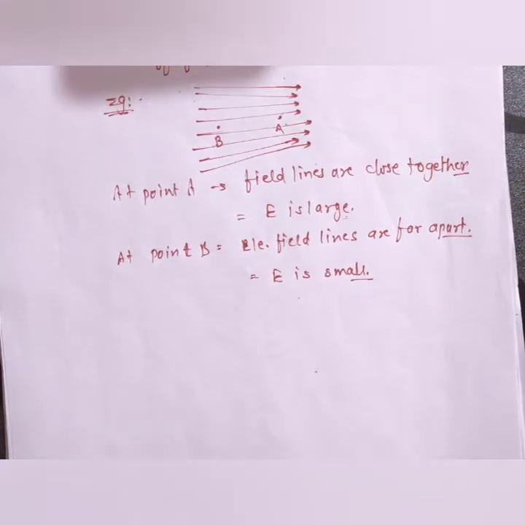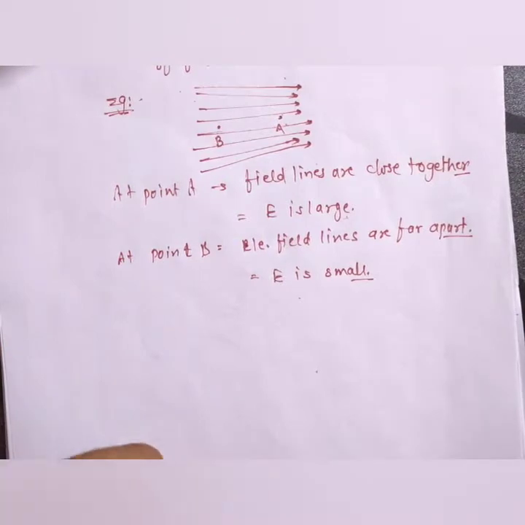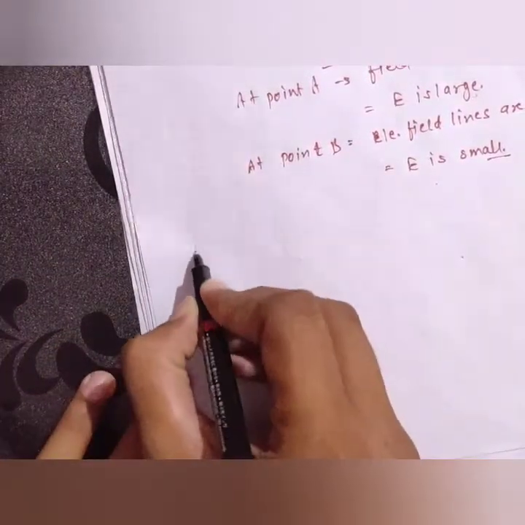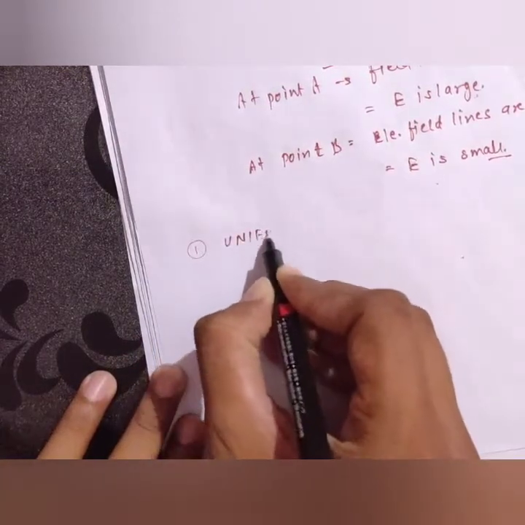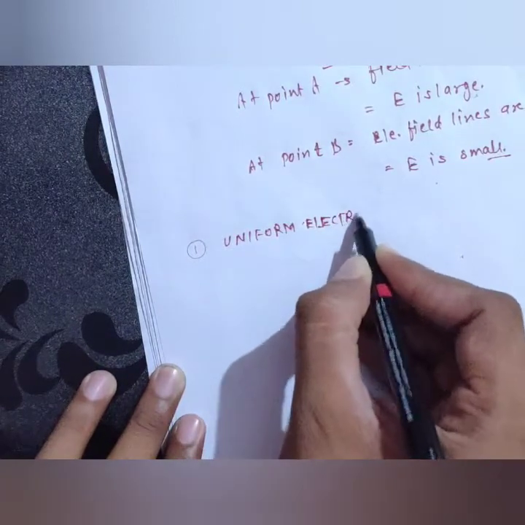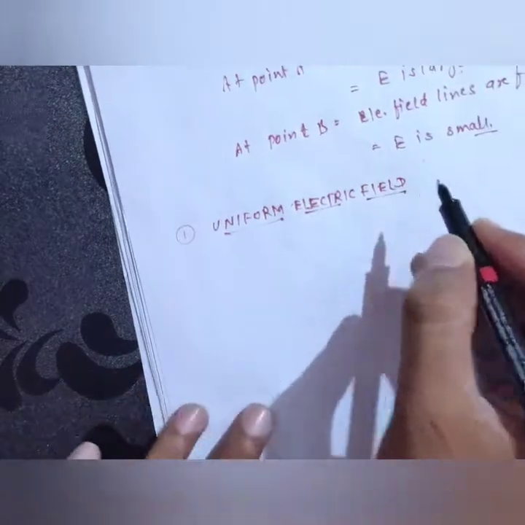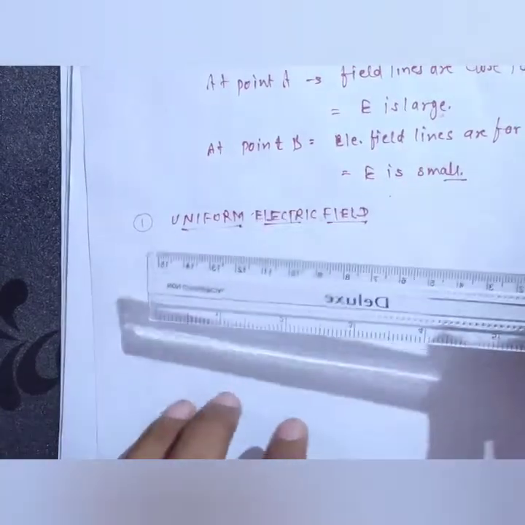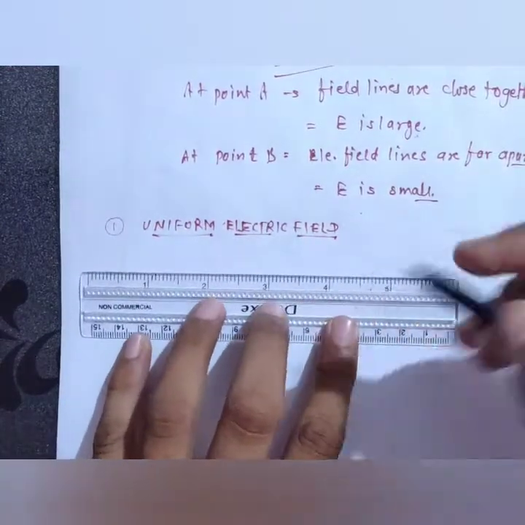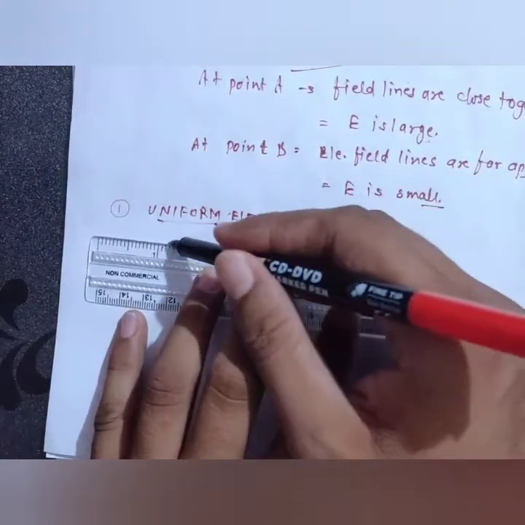Now some different patterns for electric field lines. We take an example, some important patterns for electric field lines. First one is for uniform electric field. For uniform electric field, we draw uniform electric field with the help of electric field lines like this.